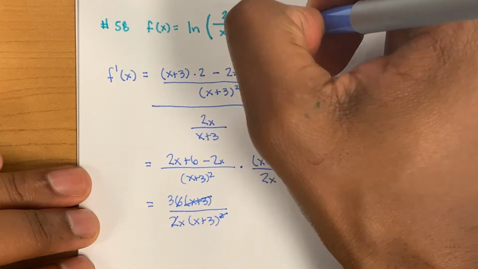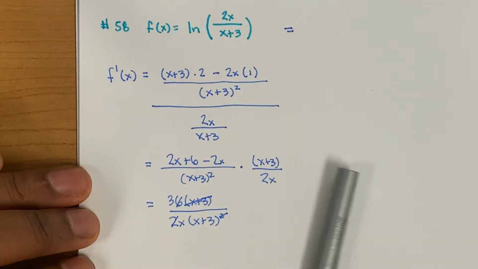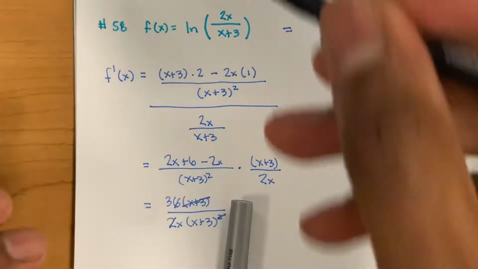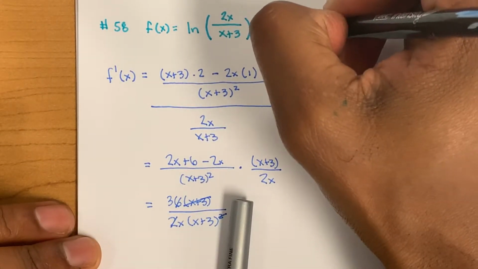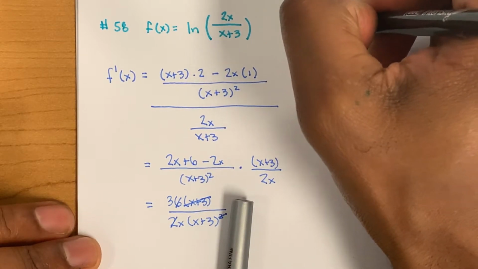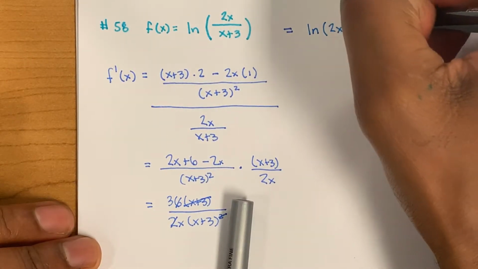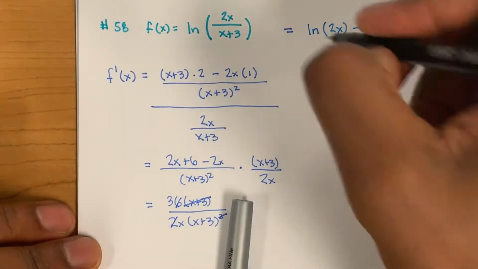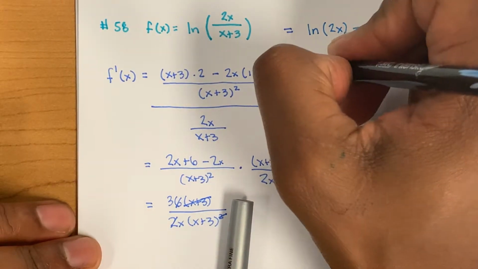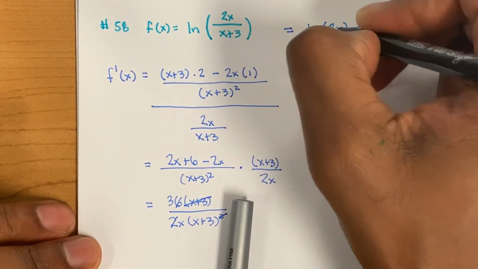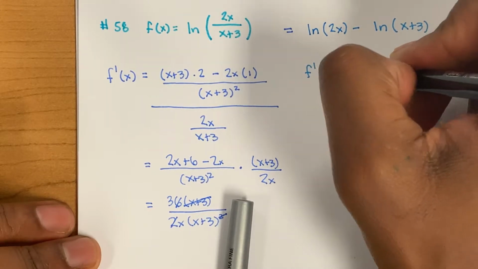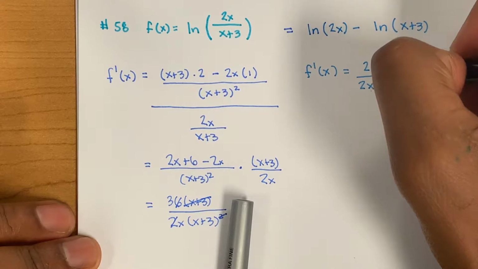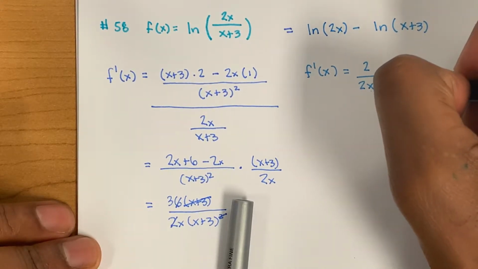Now this is dramatically different if we rewrite our function to be, we're going to go from that blue to this lighter blue, to where we make this the ln of 2x minus the ln of x plus 3. And then if we apply a derivative, we get f prime of x is derivative over original minus, again, derivative over original.